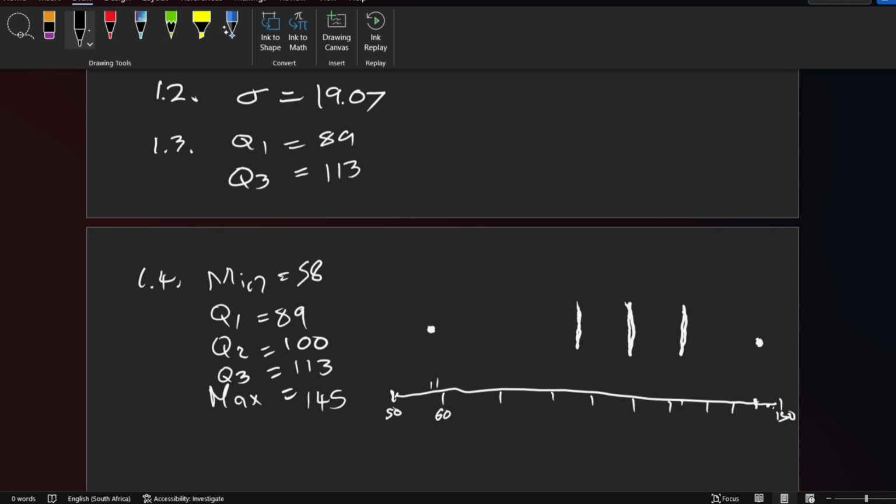We draw 2 more lines to complete the box, and we connect the lower and upper quartiles to our minimum and maximum, and then you have your box and whisker. Obviously you should go ahead and label it just to be clear. So we have quartile 1, quartile 2, quartile 3, and we have our maximum. So that covers question 1.4.